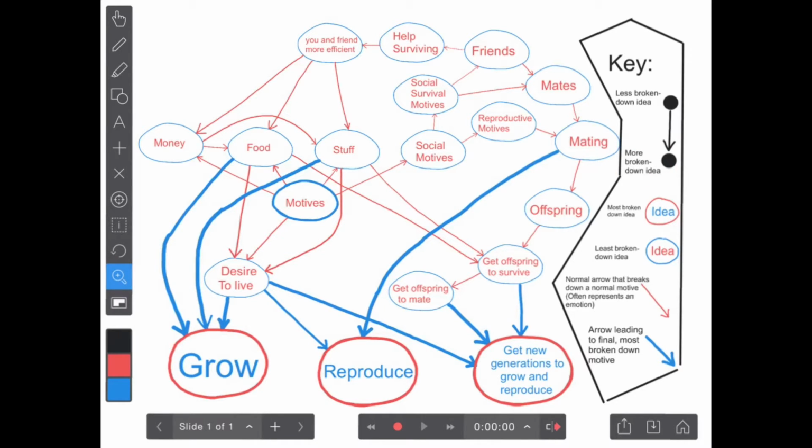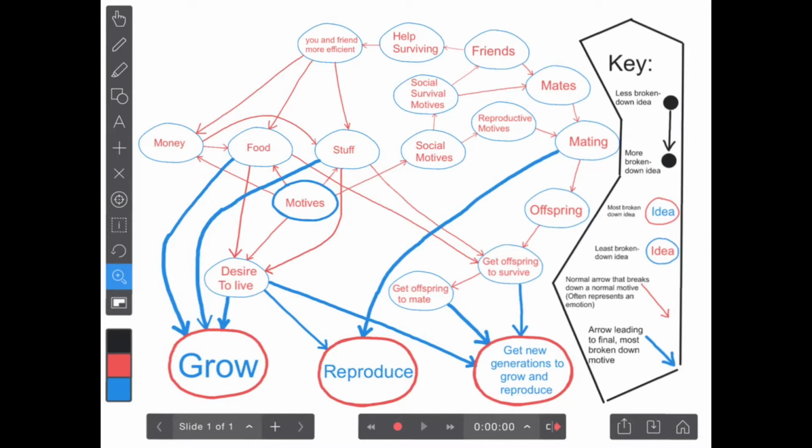The most broken down idea on the whole chart is the red circle with the blue text, which is grow, reproduce, and get new generations to grow and reproduce. The least broken down idea on the chart is the blue circle with the red text, which is everything except for grow, reproduce, and get new generations to grow and reproduce.